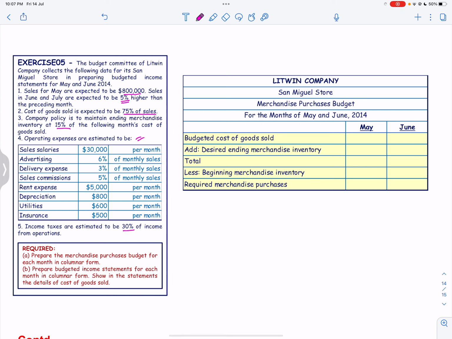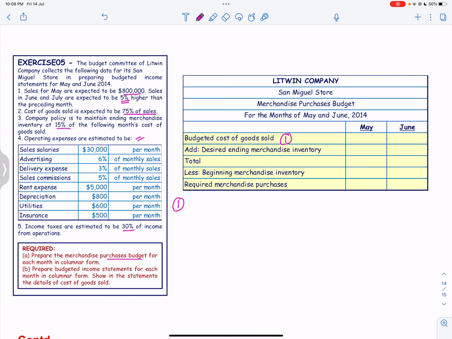There is an income tax of 30%, and then we have to prepare the merchandise purchases budget for each month in columnar form. So we are going to prepare the budget for the months of May and June. And first of all, let us see how we calculate the budgeted cost of goods sold.